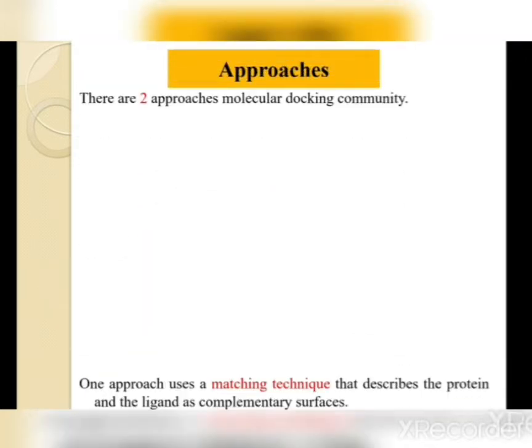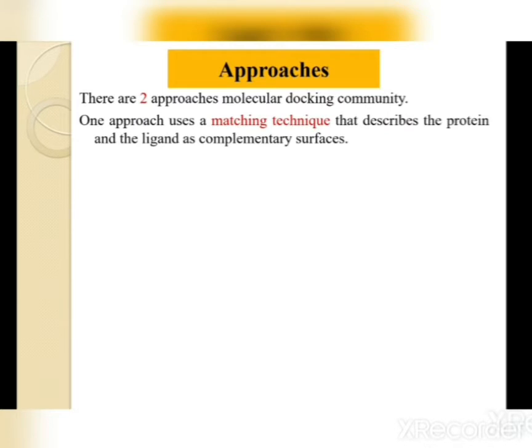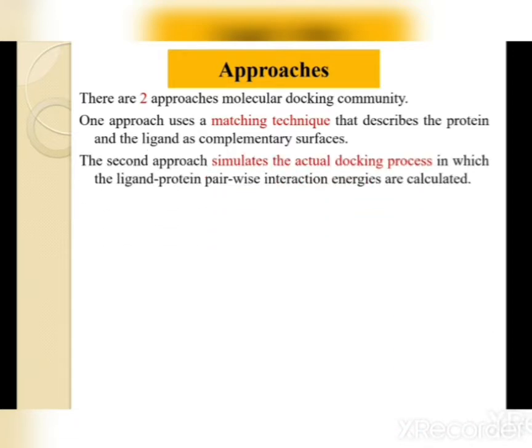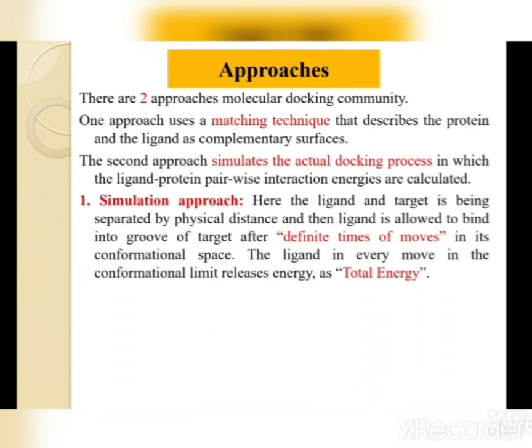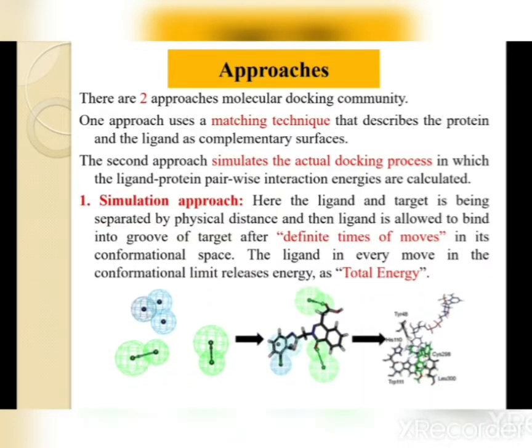Now, approaches. There are mainly two approaches. One approach uses a matching technique that describes the protein and ligand as complementary surfaces, and the other simulates the actual docking process in which the ligand-protein pairwise interaction energies are calculated. First, the simulation approach. Here the target and the ligand are separated by physical distance at first.